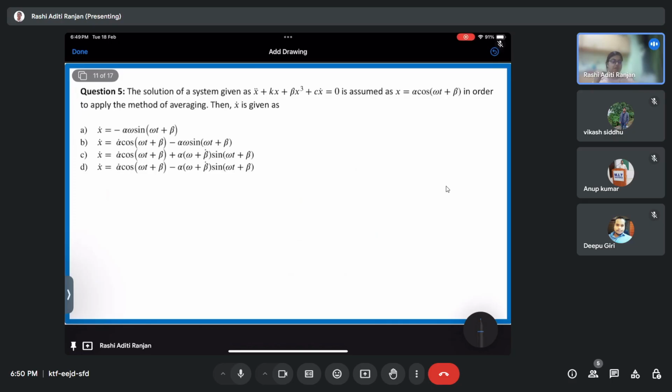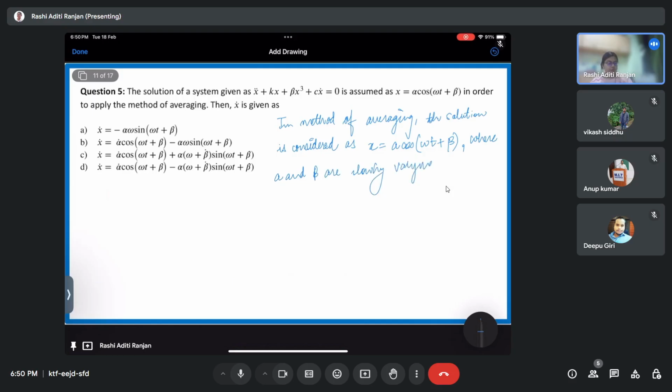Which says that in the method of averaging, the solution is considered as a cos omega t plus beta, where a and beta are slowly varying functions of time.